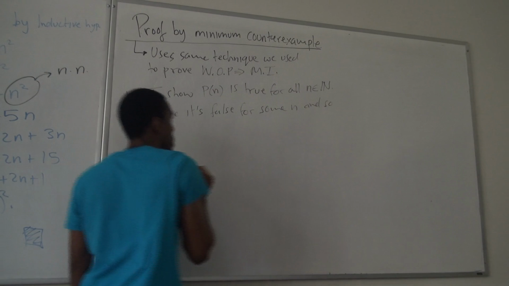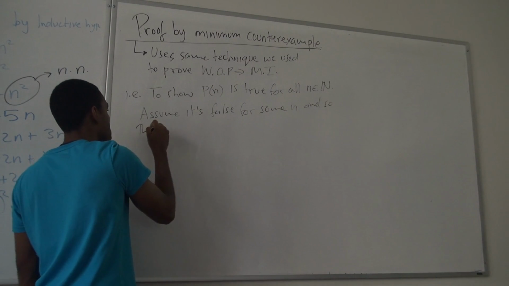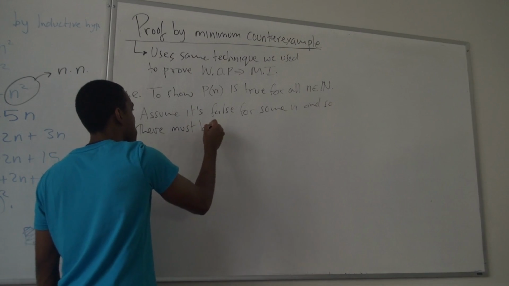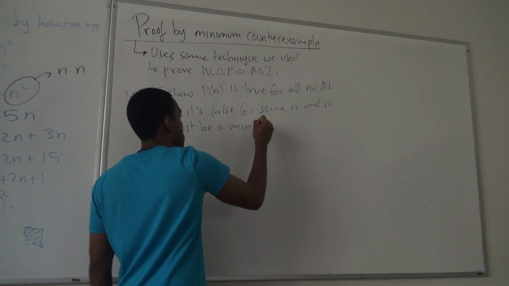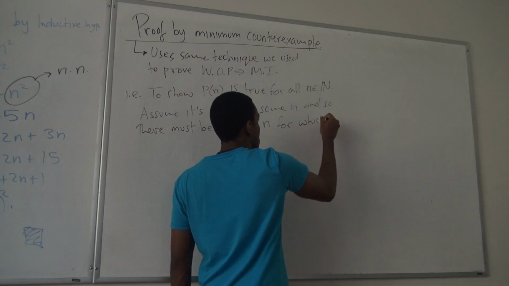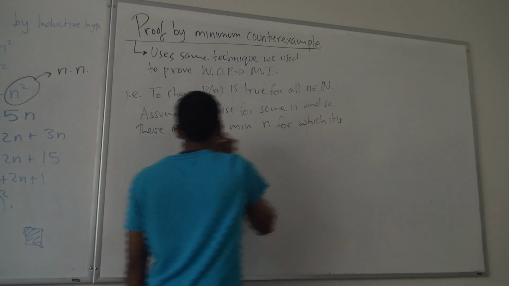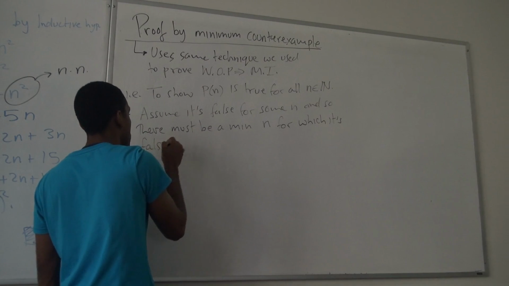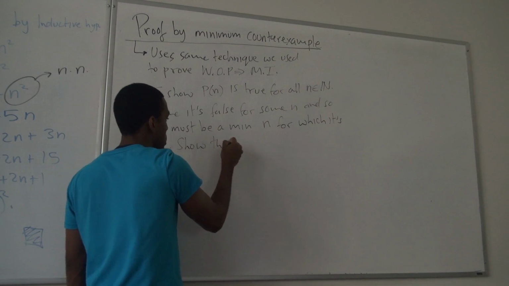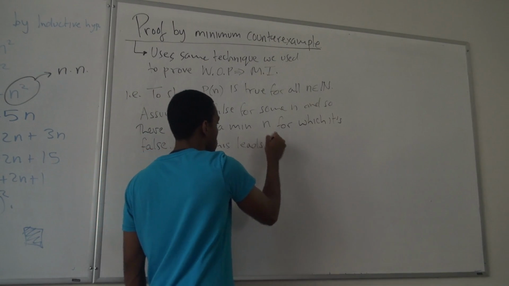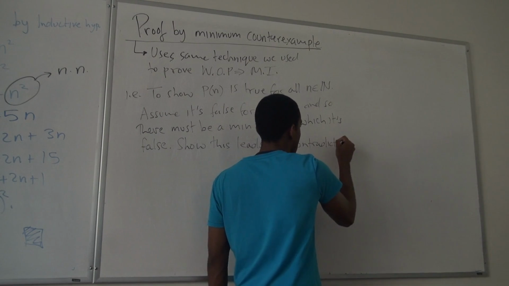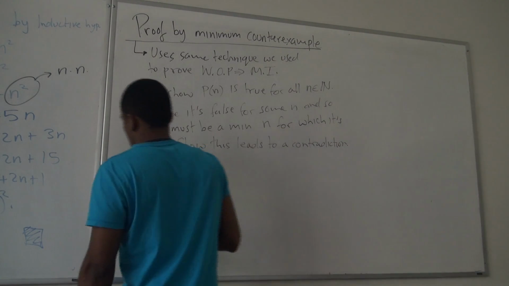And so, because the natural numbers are well ordered, there must be a minimum n for which it's false. And then what you do is show this leads to a contradiction.